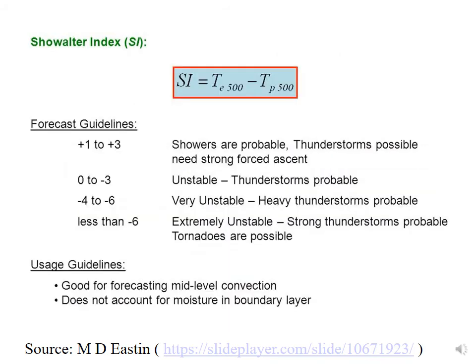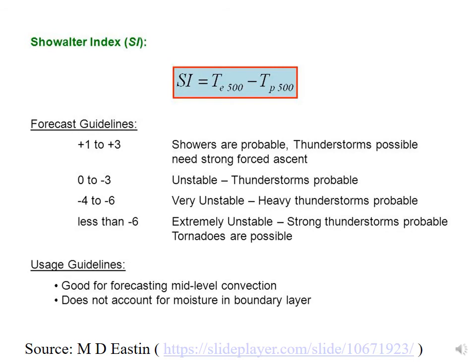And here we have forecast guidelines very similar to the lifted index. If you have a Showalter index less than -6, it's extremely unstable and strong thunderstorms are probable and tornadoes are possible. And it's kind of best for forecasting mid-level convection, starting at 85 kilopascals.